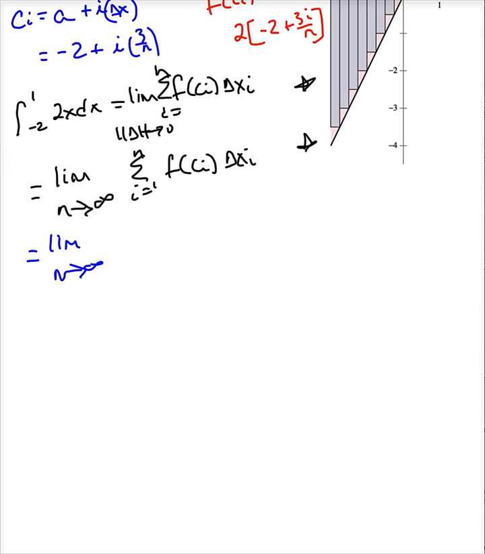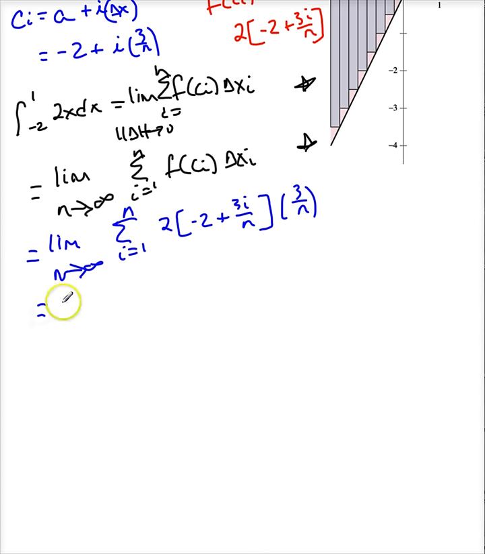This is the limit as n goes to infinity of the sum as i goes from 1 to n. Now f(c sub i) is 2 times (-2 plus 3i over n), times delta x sub i, and remember delta x sub i is 3 over n.